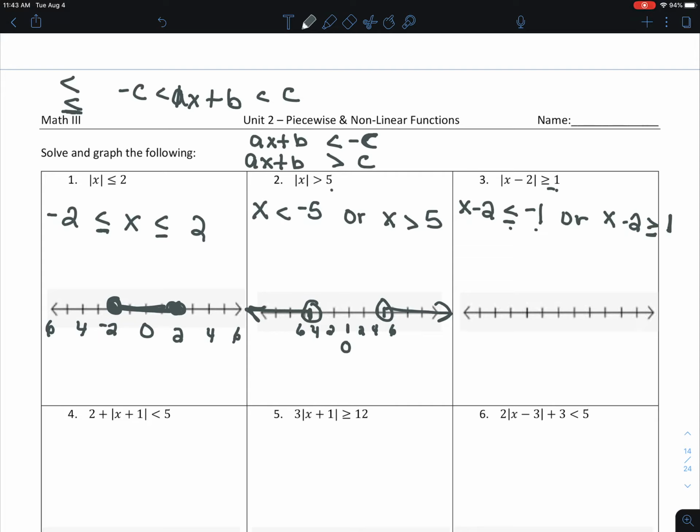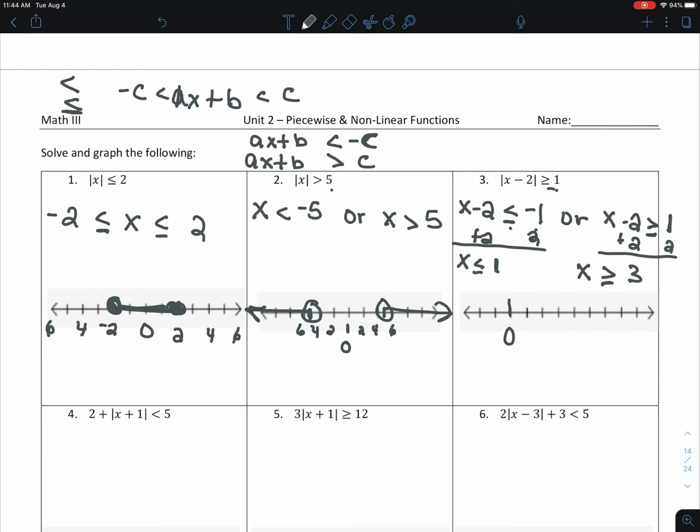Remember, for the first one we flip the inequality and we change the sign if it's greater than. So then add 2 to both sides: x is less than or equal to 1. Add 2 to both sides: or x is greater than or equal to 3.